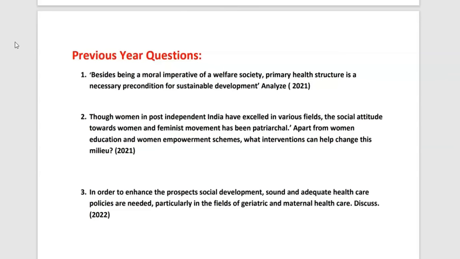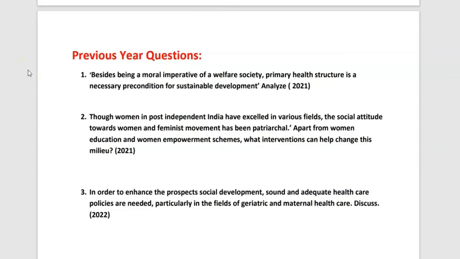Now if we move on to the next question, it says, though women in post-independent India have excelled in various fields, the social attitude towards women and feminist movement has been patriarchal. Apart from women education and women empowerment schemes, what interventions can help change this milieu?